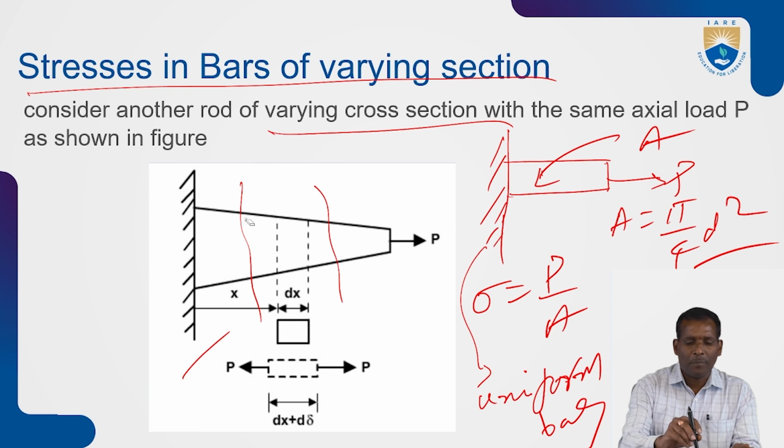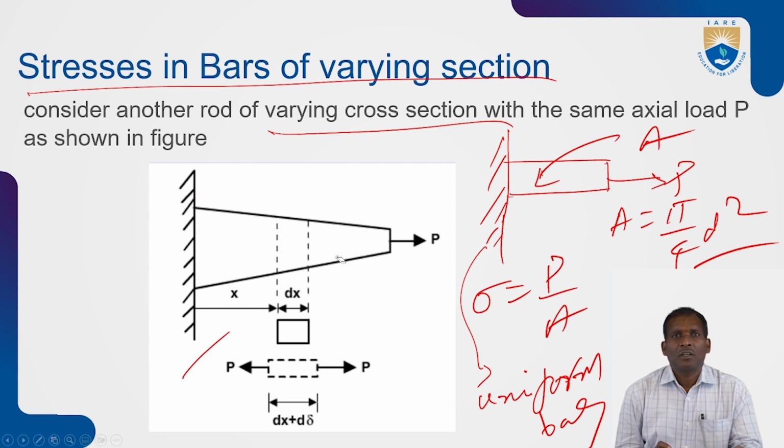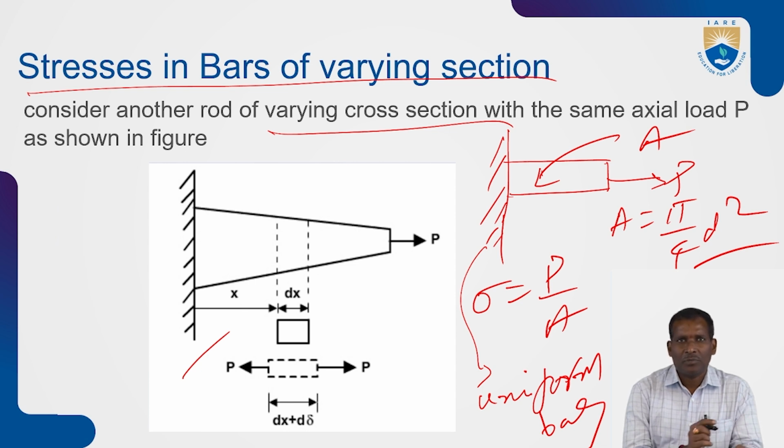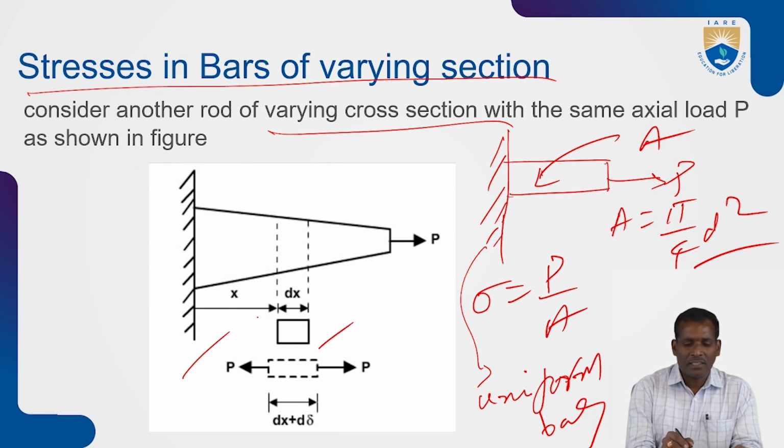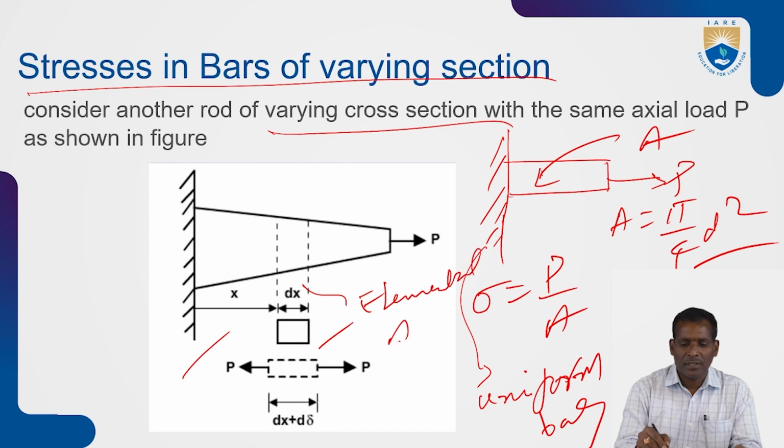This type of bar is called a bar of varying section. So, how do you calculate stresses here? First, you take the elemental cross section, at a distance x with thickness dx. This is called the elemental area.